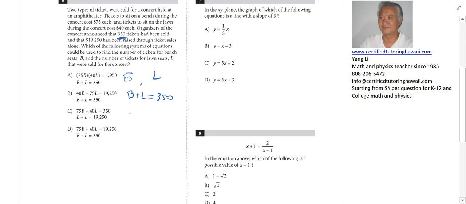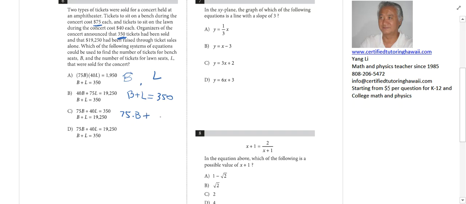And the money collected, they told you that the ticket to sit on the bench is $75 each, right? So what you're gonna do is you use the 75, that's for one ticket, and you times the B, the number of bench tickets sold. So this is total sales for the tickets sitting on the bench.